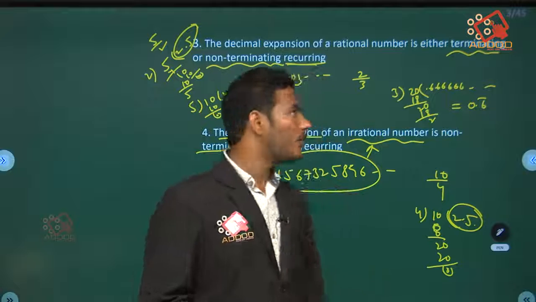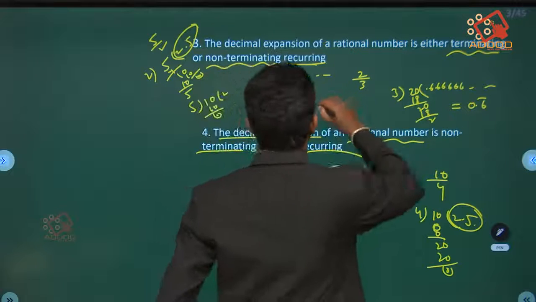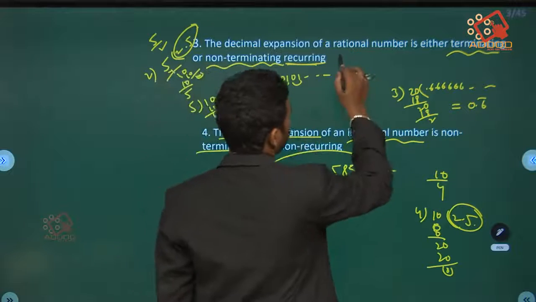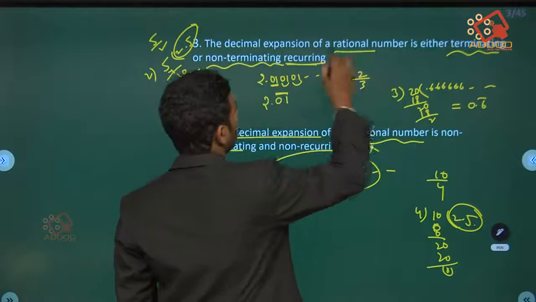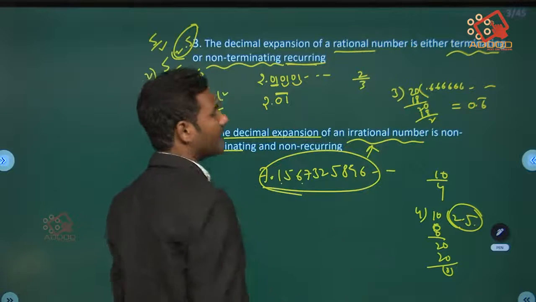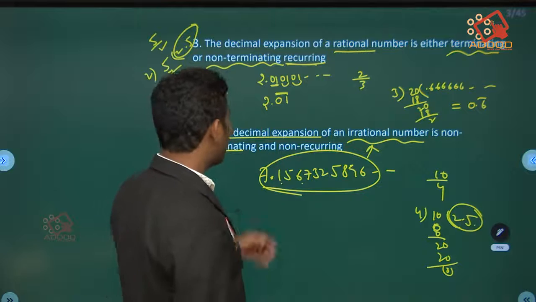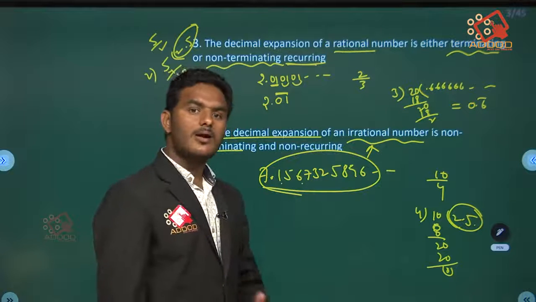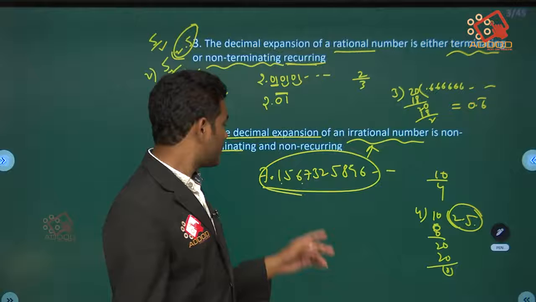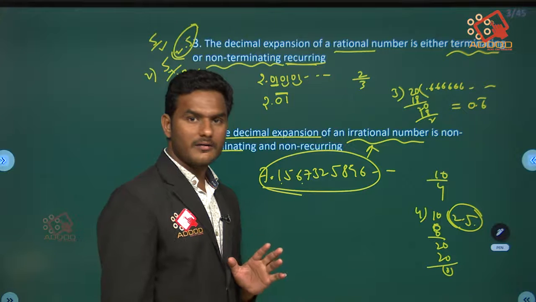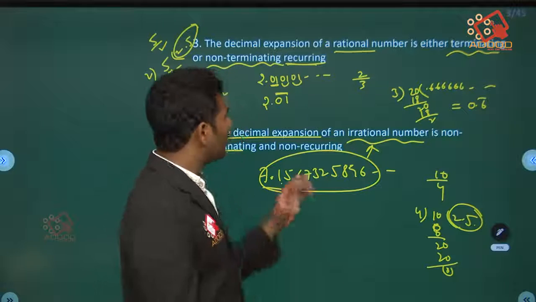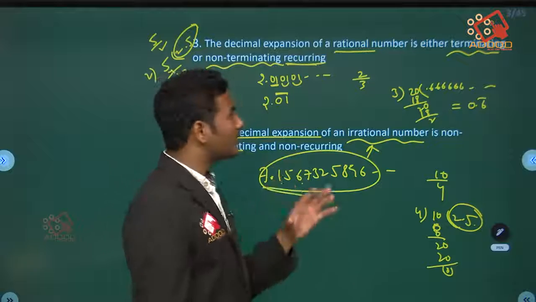So rational numbers are actually of two types: terminating rational numbers and non-terminating rational numbers. But irrational numbers are non-terminating and non-recurring values. Understood? Now what are the rational numbers and what are the irrational numbers? You clearly understood, right?